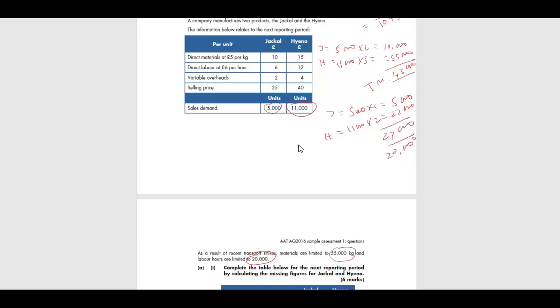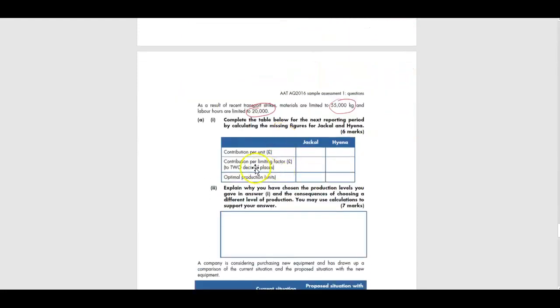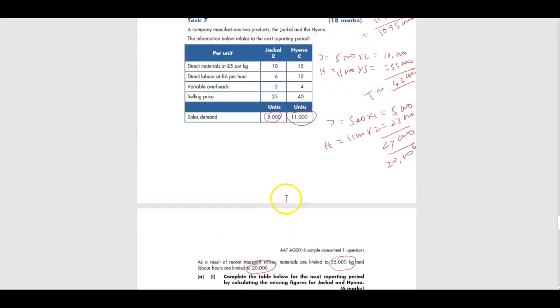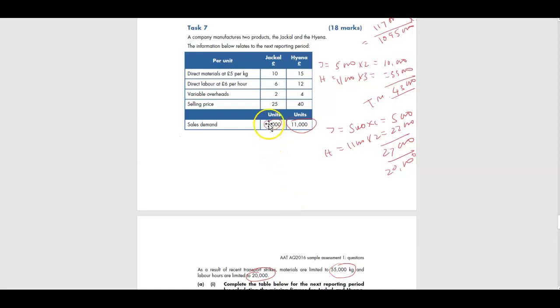So now we understand the labor hour is the limiting factor. First, calculate the contribution per unit, so sales minus variable cost. Sales is 25 and the variable cost is 10 for the direct material, 6 for the direct labor, and the variable overhead 2, so 18.